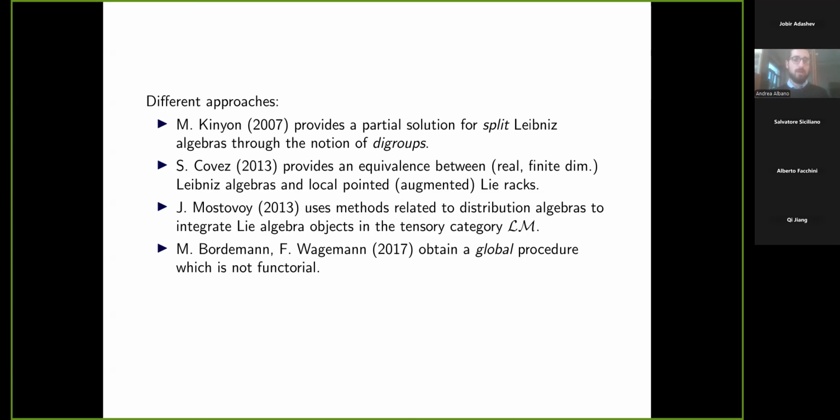For example, Michael Kinyon in 2007 proposed the idea of Digroups to integrate the so-called class of split Leibniz algebras. A bit more on this later.